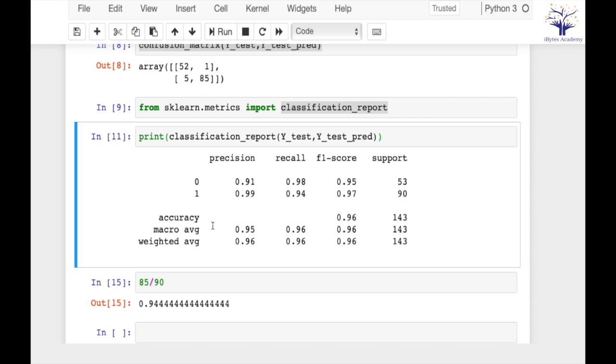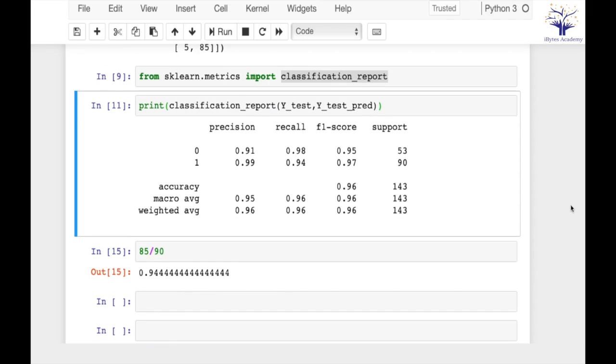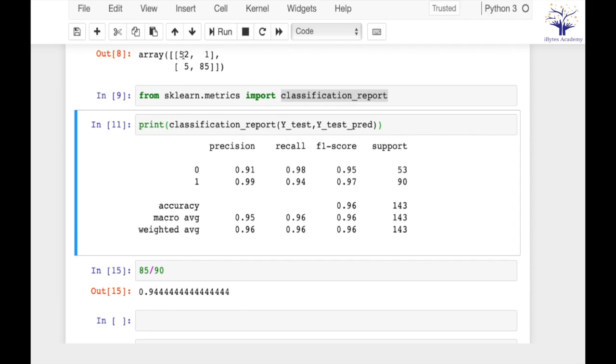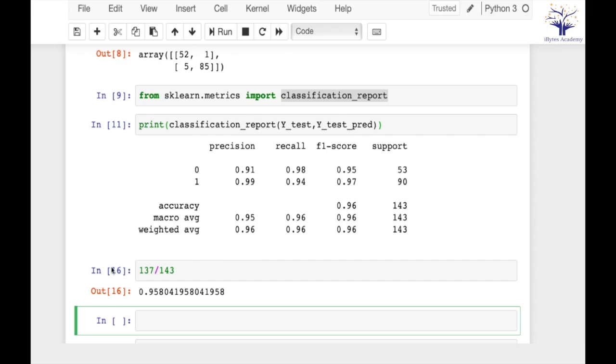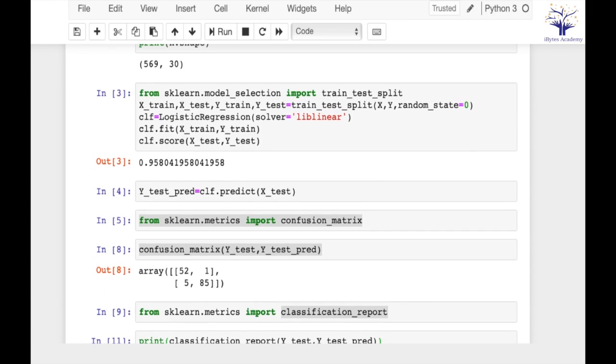Okay, so here we have accuracy. Accuracy is 0.96. So out of 143 data points, a total of 52 plus 85, these were labeled correctly. If I see, 137 data points were labeled correctly out of 143. So my accuracy comes out to be 0.958, which was also the score which we had already seen, right?